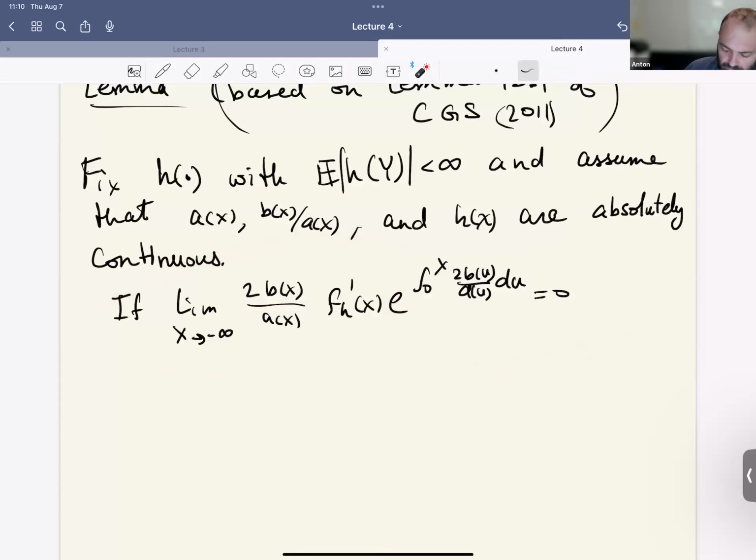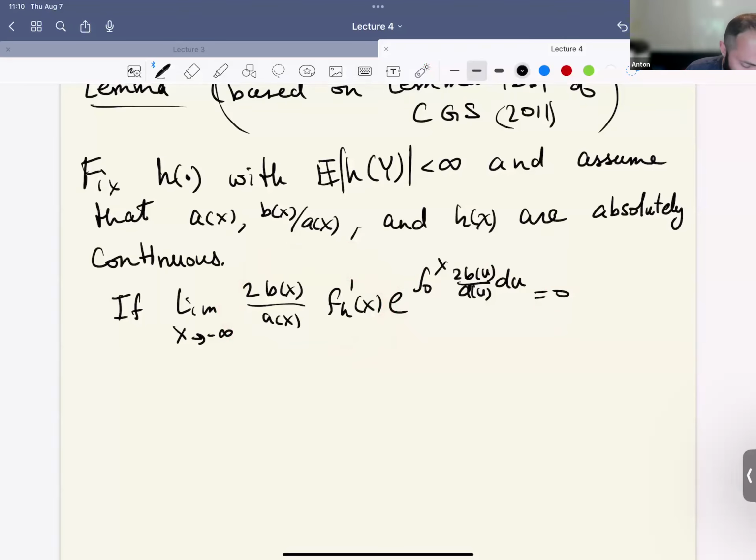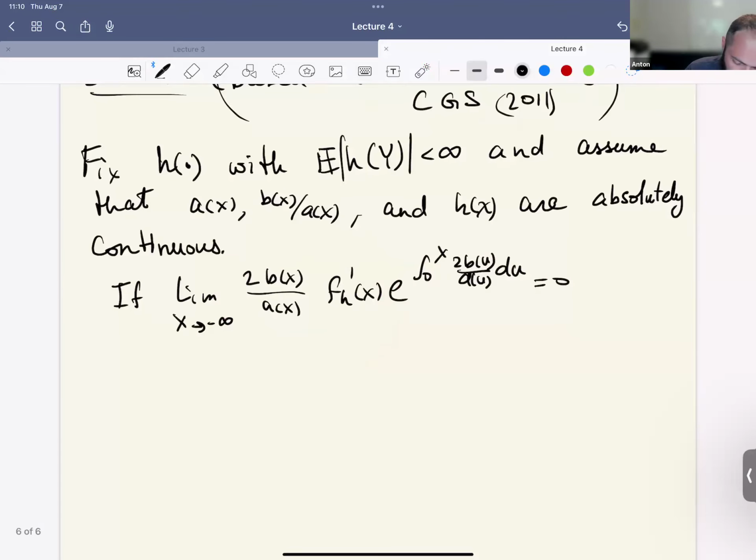Basically the density has to have small enough tails so that this term is killed. Usually it's a technical condition and it's almost always true in practice.